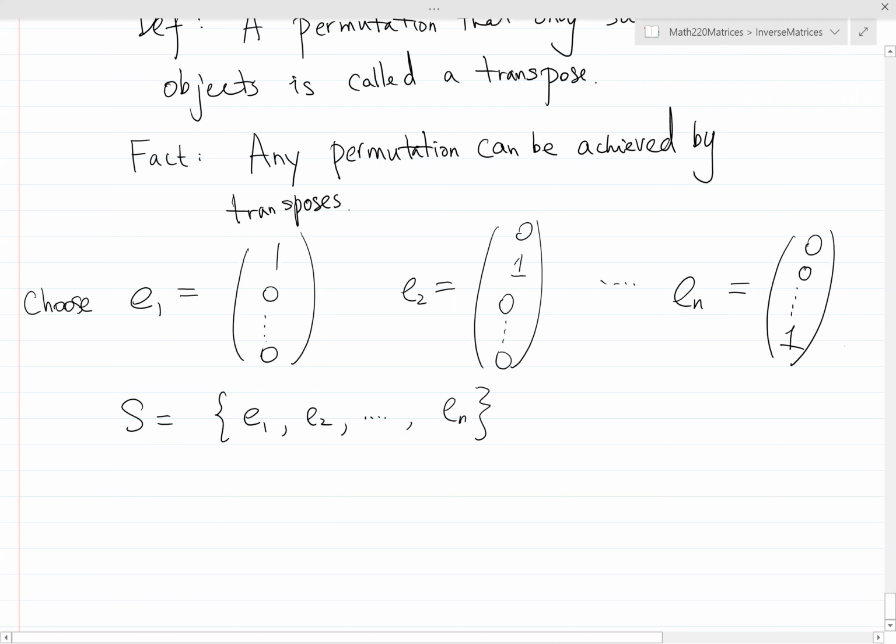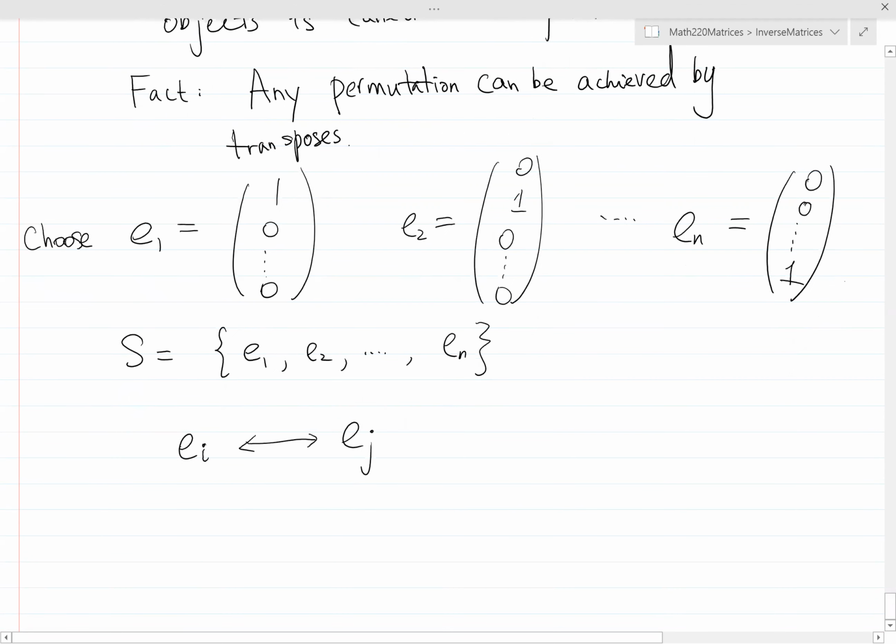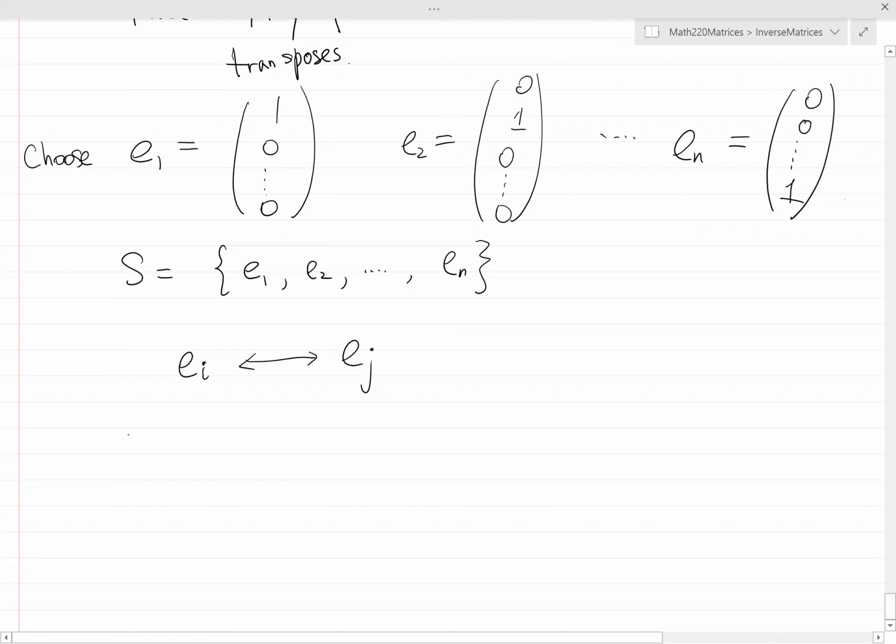For instance, if we want to switch Ei with Ej, we want an n by n matrix P, call it Pij, such that if you input the vector Ei, the output is Ej.